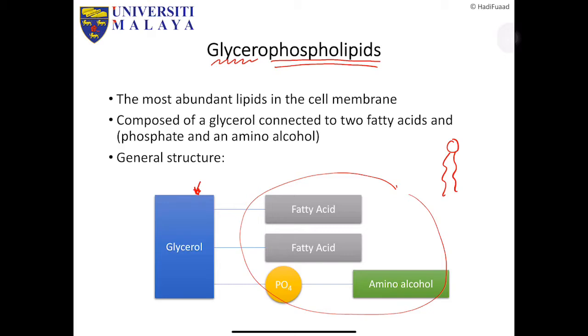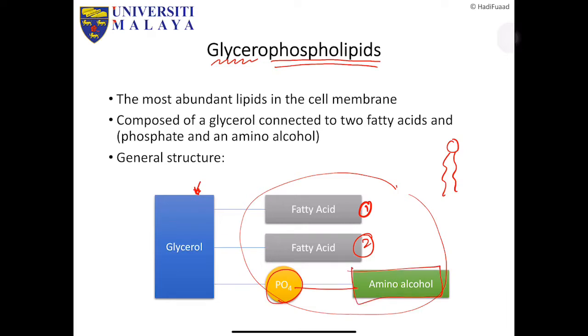It's the most abundant lipid in the cell membrane, as I mentioned, and is composed of glycerol connected to two fatty acids and a phosphate and an amino alcohol. So we have two fatty acids, 1 and 2, and then a phosphate linked to an amino alcohol.